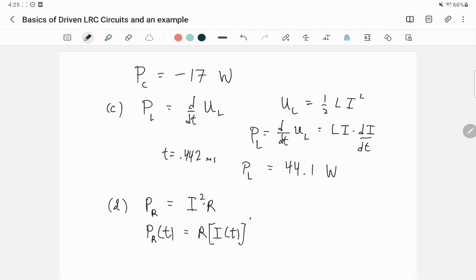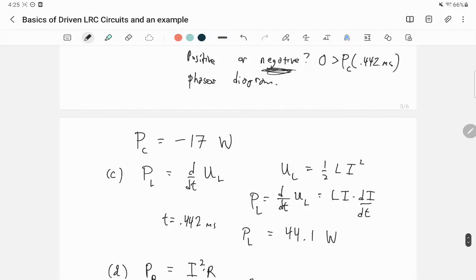So you have to square this, right? And yeah, this one's the easiest one to calculate. And it turns out when you calculate that, the resistor is dissipating energy at about 14.4 watts at the time t equals 0.442 milliseconds.